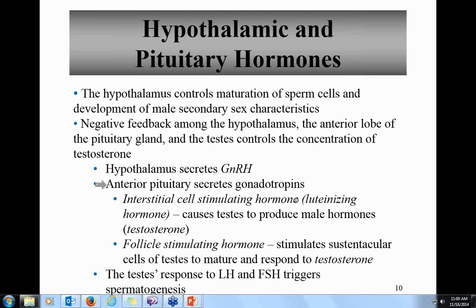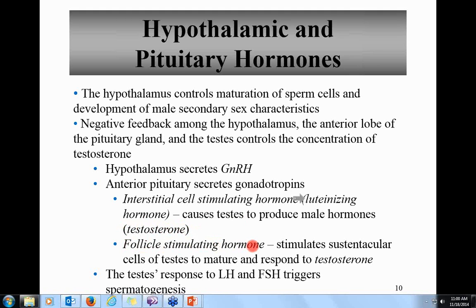The first one is luteinizing hormone, or LH. And it is responsible for causing the testes to produce the male hormones. And the primary male hormone is testosterone.